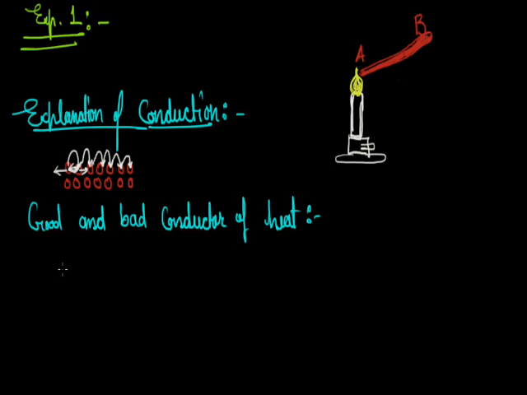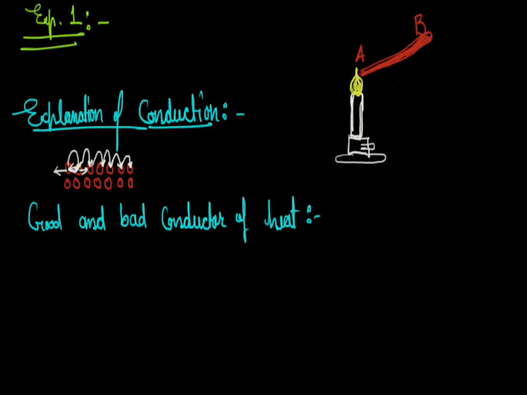Heat both of them at one end, holding the other end in your hand. After some time, you will notice that the end of copper rod becomes much hot, while the end of glass rod in your hand does not become much hot. This shows that copper allows more transfer of heat through it, while glass does so very little. The substances which allow heat to pass through them easily are called good conductors.